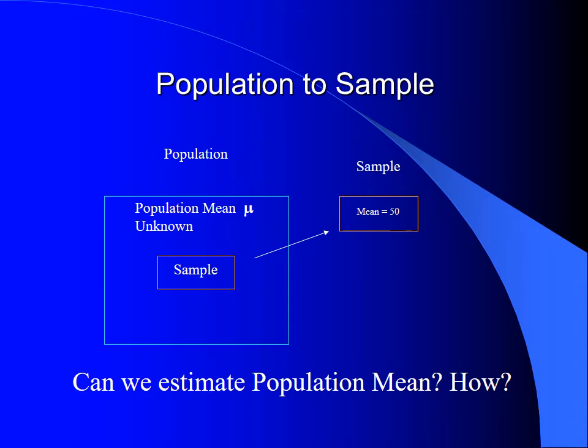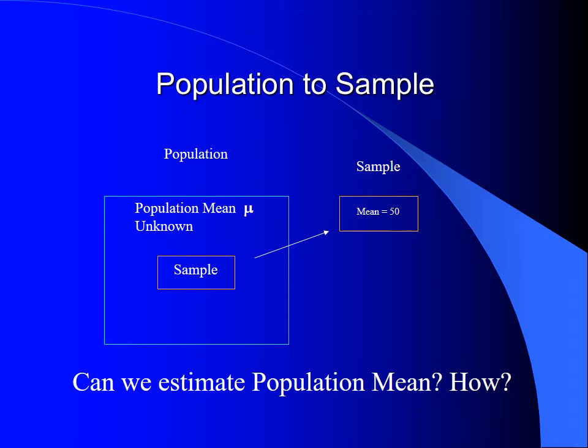Now in the process of estimation, in any research study, what we essentially are required to do is this: we have a target population for which we want to know the frequency or magnitude of the characteristics, and from which we draw a sample.